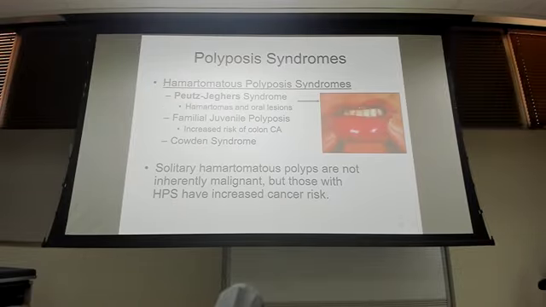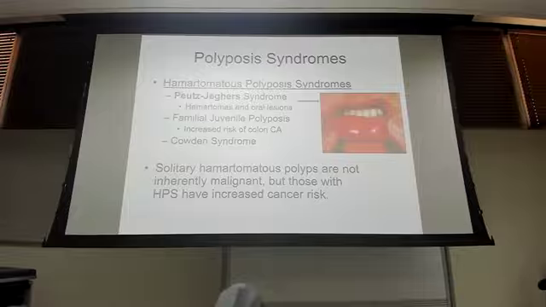Here's another polyposis syndrome. That's hamartomas polyposis syndrome, Peutz-Jeghers syndrome. You're going to have those hamartomas in the GI tract, and you also have these oral lesions. So dark blue or brown mucocutaneous hyperpigmentations, as you're seeing on the slide there, with hamartomas polyps in the GI tract.